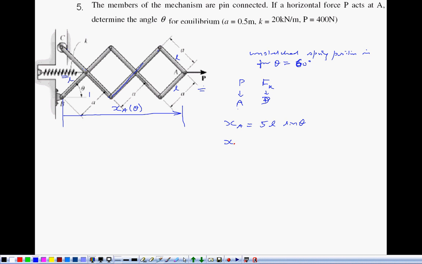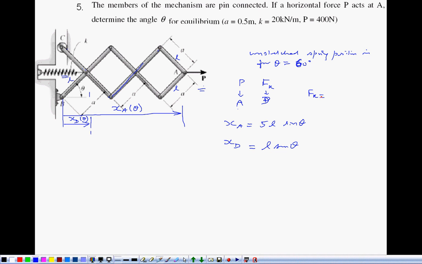How about XD? XD is equal to just one single length, which is L sin theta. Now in order to find out the virtual displacements, I need to write down these. What is Fk equal to?